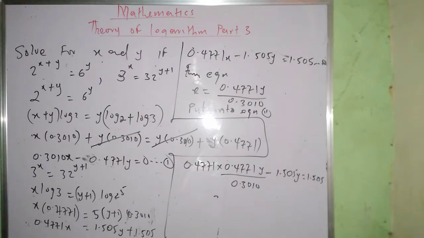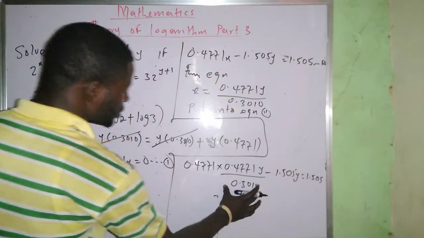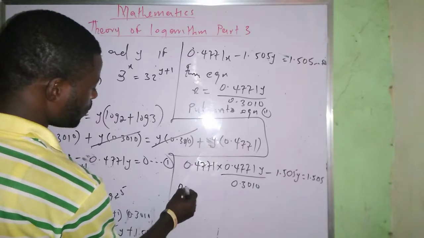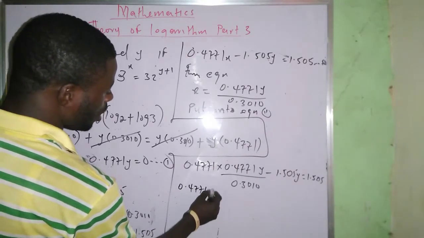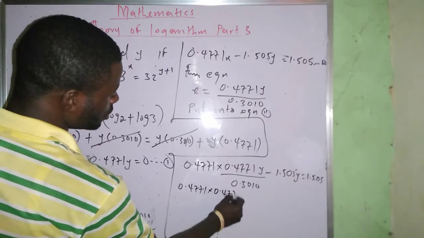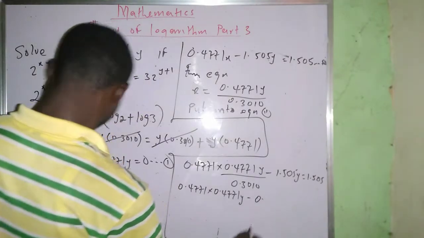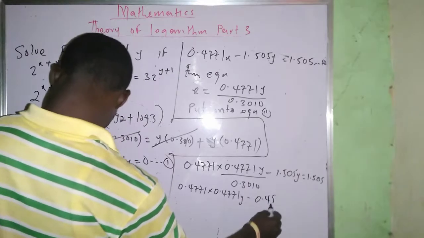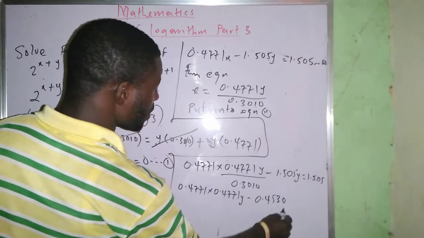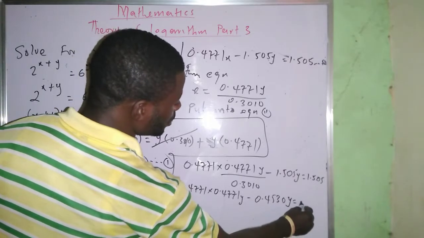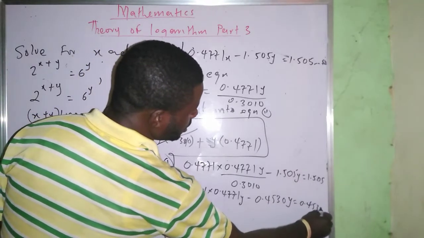0.3010 times 1.505, which I will have. Now multiply all through by this particular fraction. Now I will have 0.4771 multiplied by 0.4771y minus 0.4530y equals 0.4530.